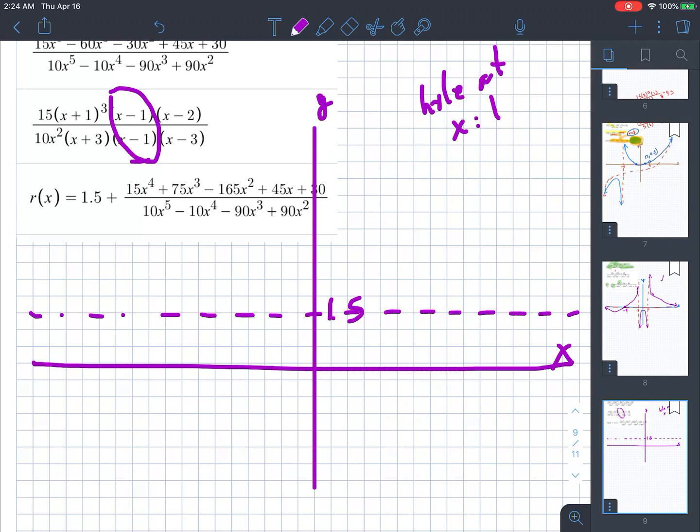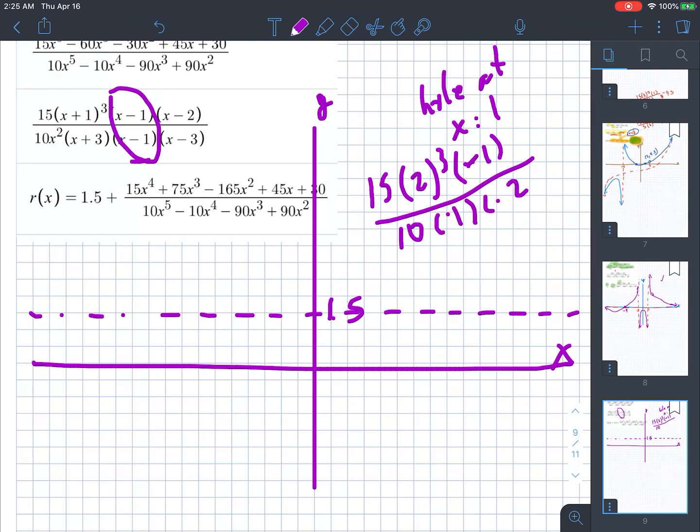Maybe I'll even plug in a 1 right now to see where it'll end up being. 15 times 1 plus 1 is 2 cubed. 1 minus 2 is negative 1 over 10 times 1 times 1 times 4 times negative 2.